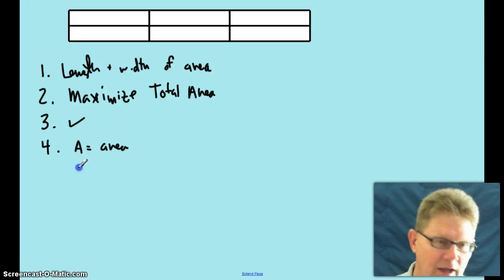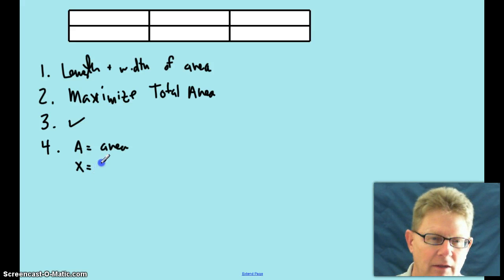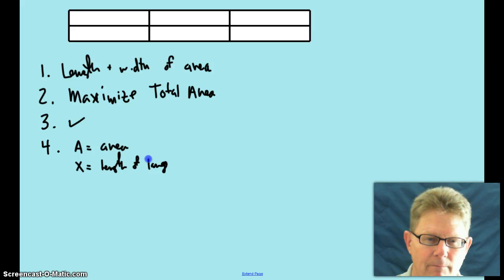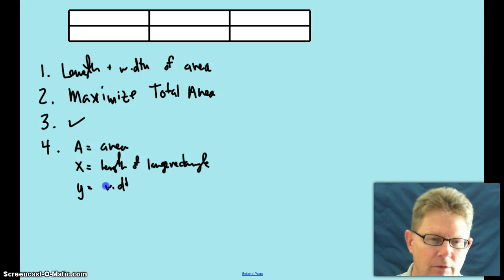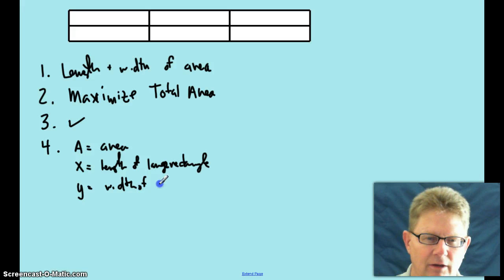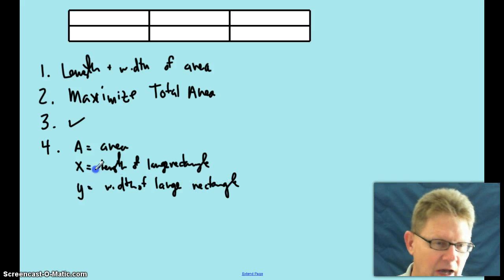Okay, we'll let X be the length of the large rectangle. And we'll let Y be the width of that large rectangle. And I'm sorry you can't read that. It says large rectangle. Alright, 5.